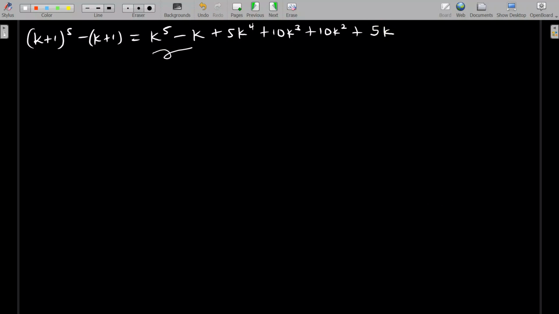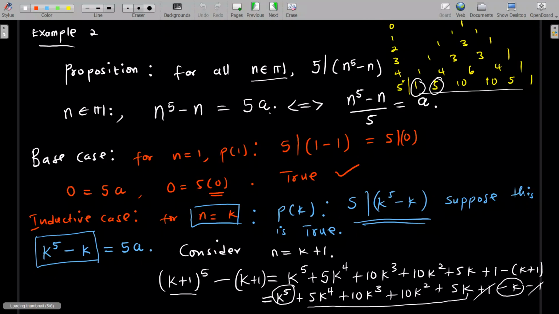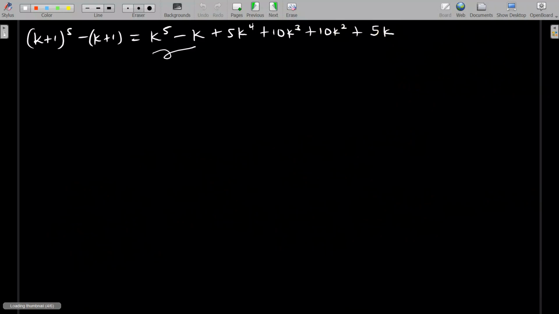Now what is this guy? This guy here was k. We assume that when n equals k is true, so that's that guy. So k to the power 5 minus k has been assumed that it can be written as 5 multiplying some constant. So you're going to have 5a here plus 5k to the fourth plus 10k cubed plus 10k squared plus 5k.